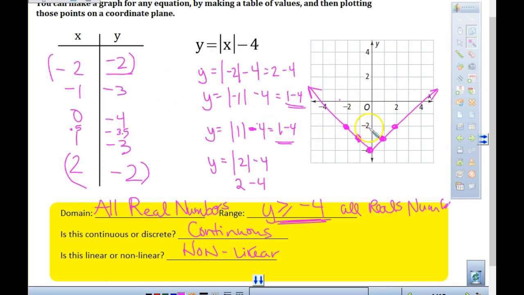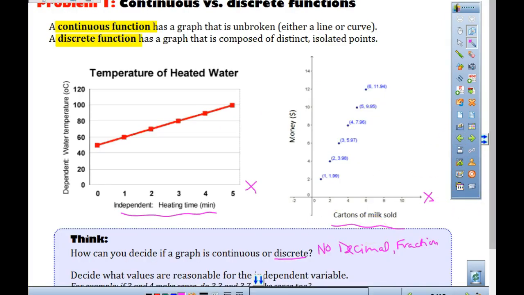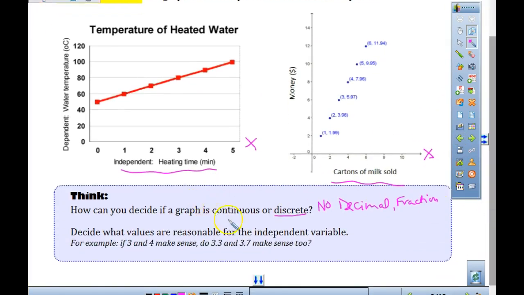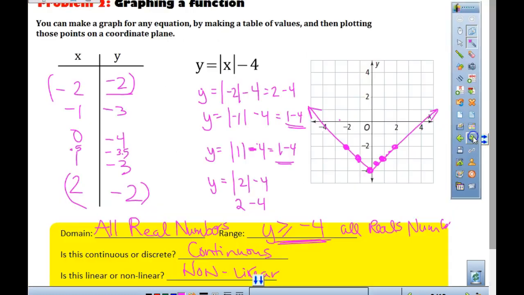So if I can use a fraction or decimal and I can plug it into this original equation, it is going to be continuous. Okay. So continuous is thinking, oh, I can have a fraction or decimal. Continuous is, oh, a number like 3.3 and 3.7 work. Discrete is that they will not work.